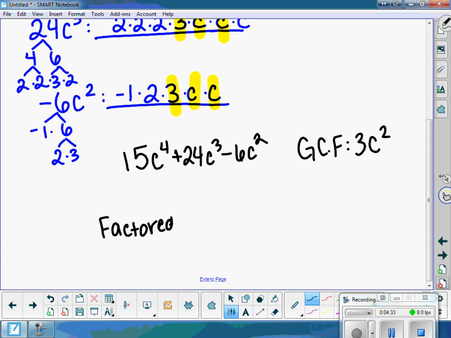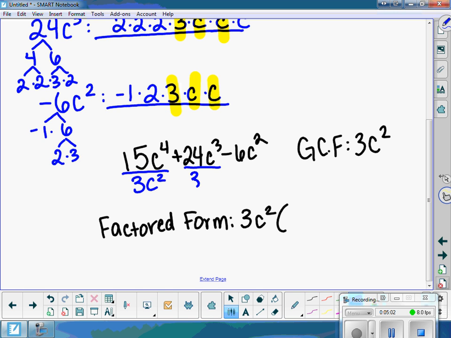So factored form, we are going to write the GCF out front. So the GCF is, as we've already said, 3c squared. We're going to write that out front and then automatically put a parentheses. Then we take each term in our polynomial here, and we're going to divide each term by 3c squared.